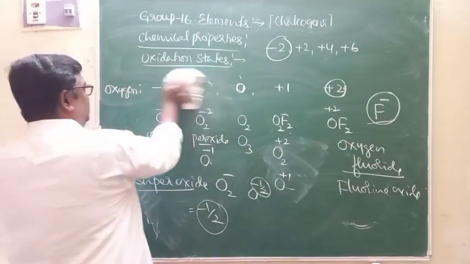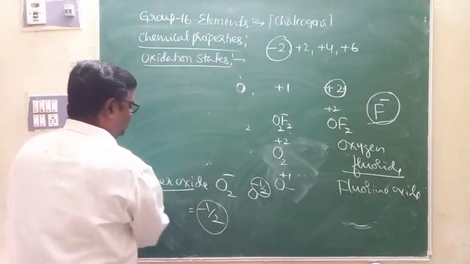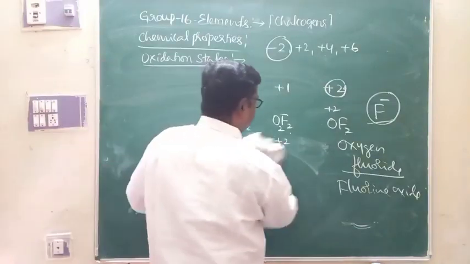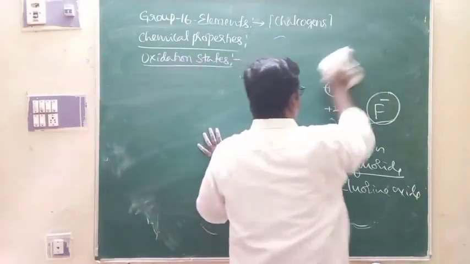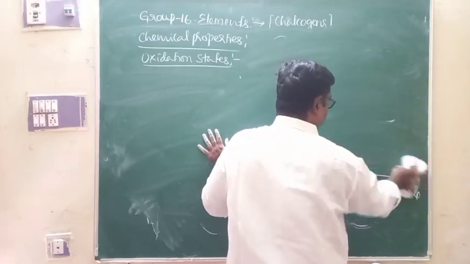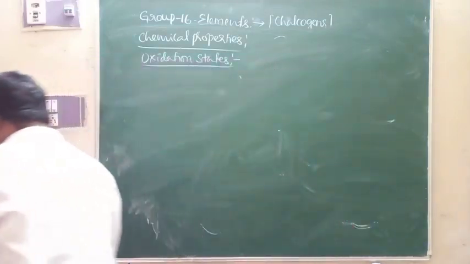So these are the possible oxidation states of oxygen there. And of course, now at this moment, interesting observation is as far as +4 and +6 oxidation states are concerned. Group 16 ಅಲ್ಲಿ +4 ಮತ್ತೆ +6 ಇದೆ ತಾನೆ? Yes.